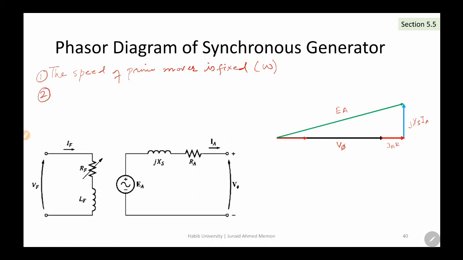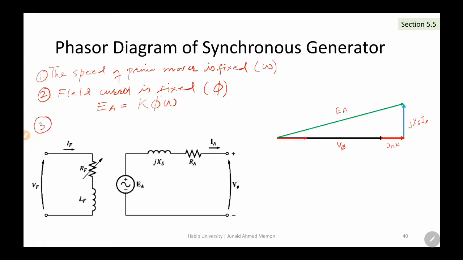Secondly, the field current is fixed, so the magnetic flux phi is fixed in your equation. The result of these two assumptions is that the magnitude of the internal generated voltage is fixed. The magnitude of the internal generated voltage depends upon the flux and omega. Since both are fixed, the magnitude cannot vary in the machine. That is what we are going to impose in our phasor diagram.